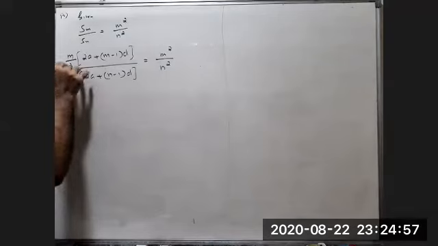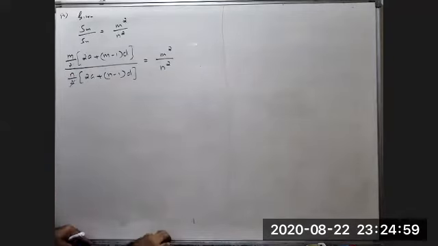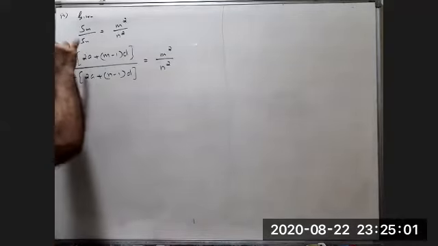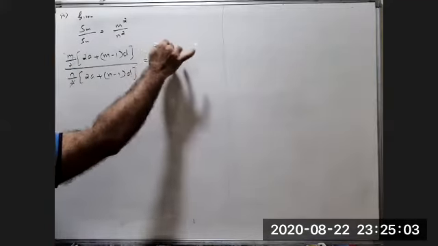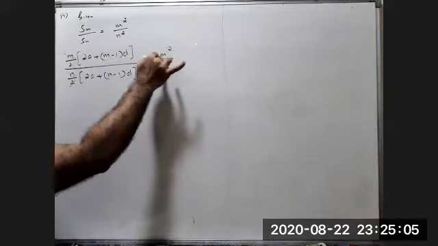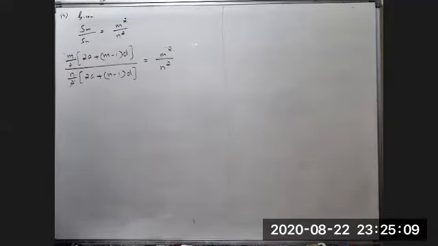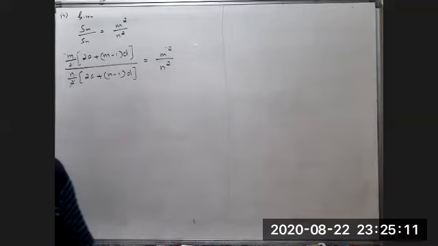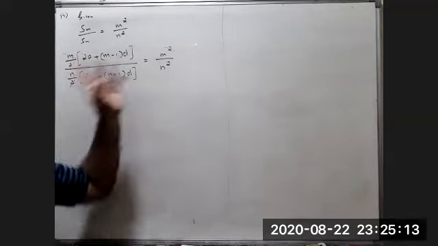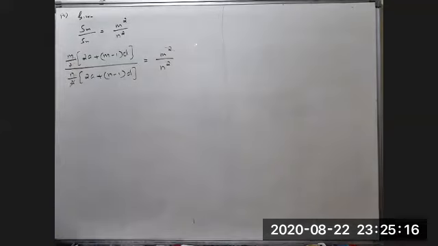The 2 and 2 cancel. The m and the square cancel. We can cancel from numerator and denominator of the same side, or numerator and numerator on both sides.